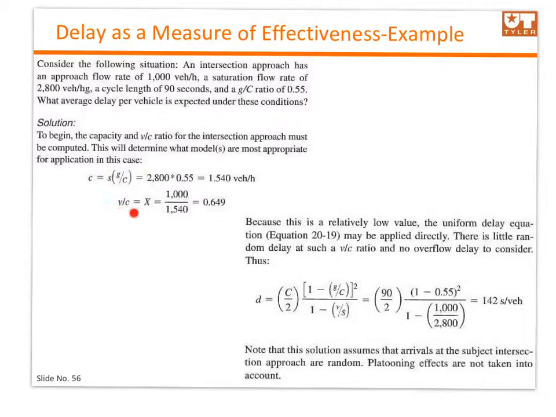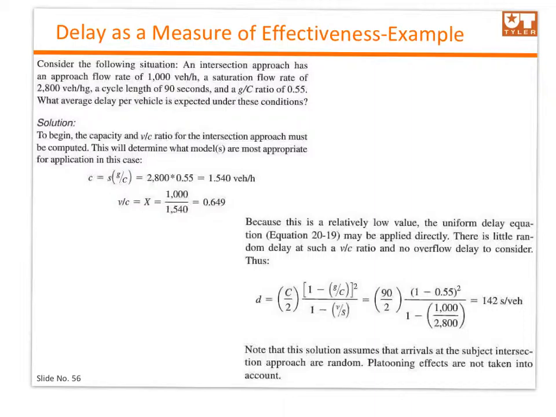That means v over c, which is the capital X used in the random delay equation, is equal to 1000, the approach flow rate, over the estimated capacity, and therefore v over c equals 0.649. What does this tell us? A v over c of 0.649 is a relatively low value.